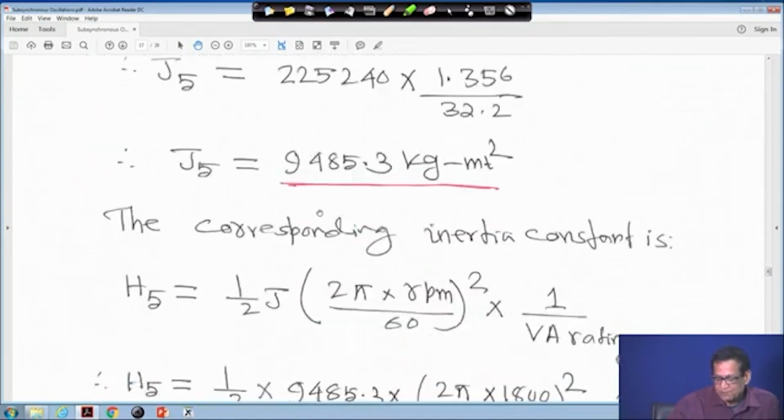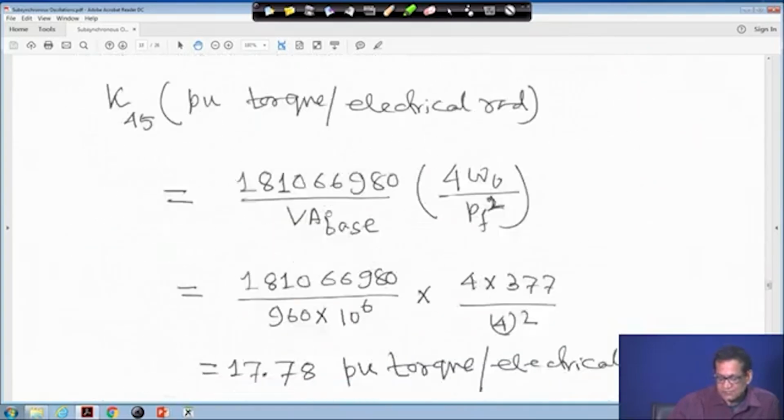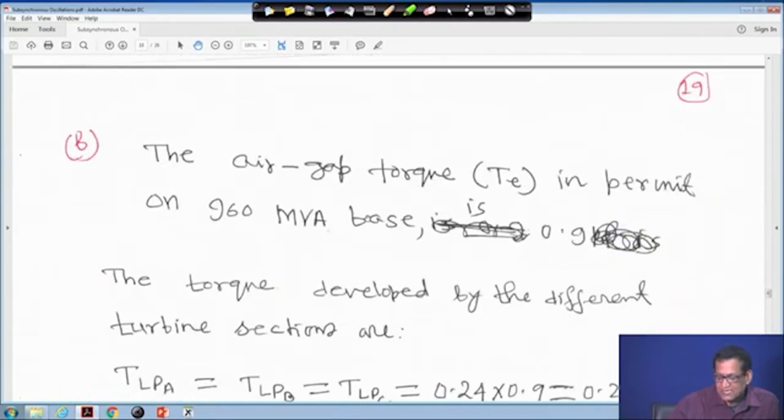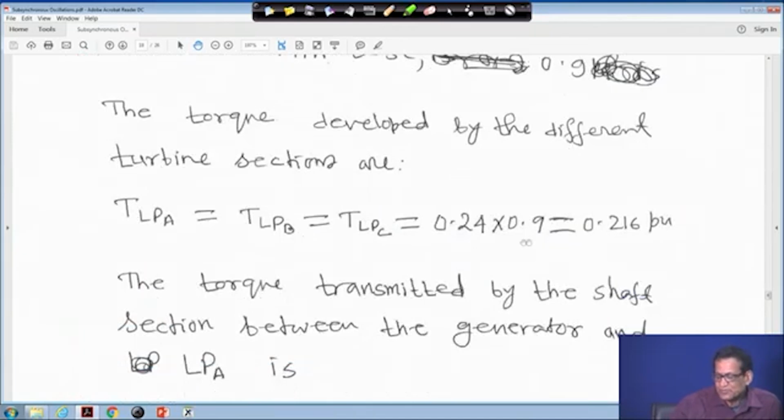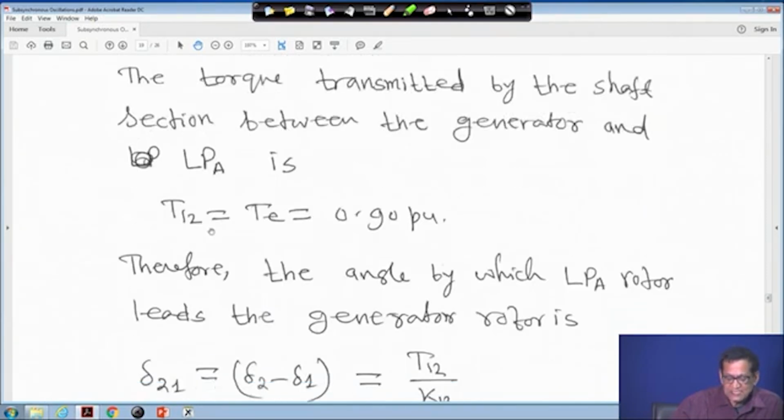So, it is 0.24 into 0.9, that is 0.216 per unit for each. For the torque transmitted by the shaft section between the generator and LPA, T12 is equal to TE is equal to 0.9.